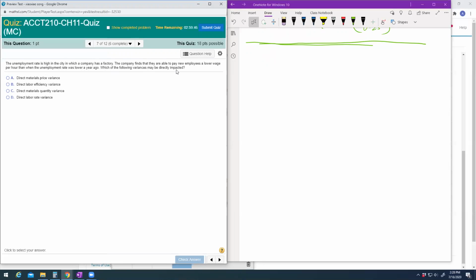Because it's easier to get people. You pay a lower rate, so it will be related with your rate variance, and you will have a favorable. So you will affect your direct labor rate, right? So this you cannot memorize.